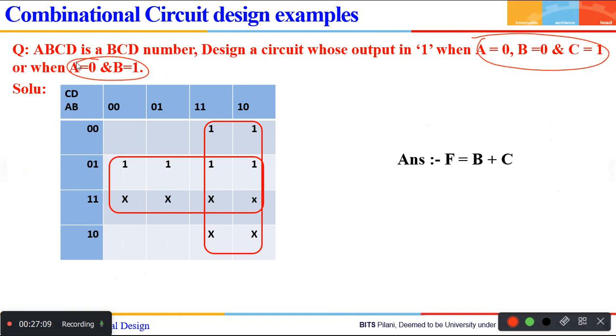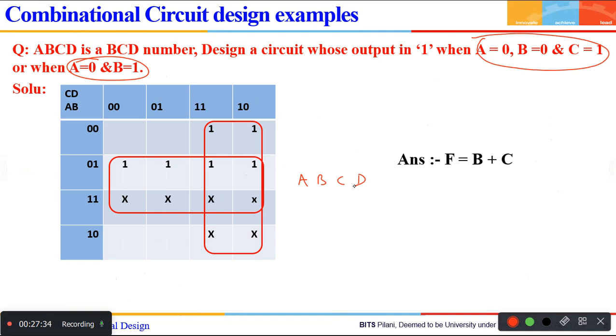Input is ABCD. That means definitely there are how many variables? 4 variables. Now how many combinations are there for you?